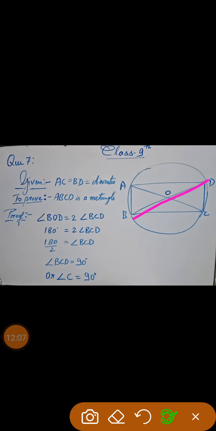It is already passing through the center, so this angle it is subtending from the center, and in the remaining part this is the point C, and we are joining this, and this angle it is subtending with point C. So we know that this angle is twice the angle BCD by theorem number 10.8. The same thing is written here, angle BOD is equal to 2 into angle BCD.